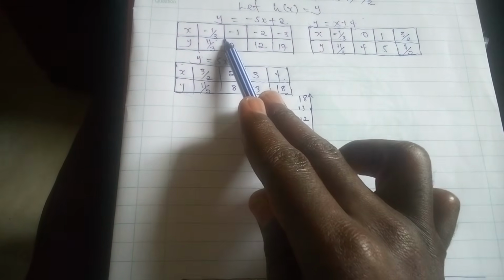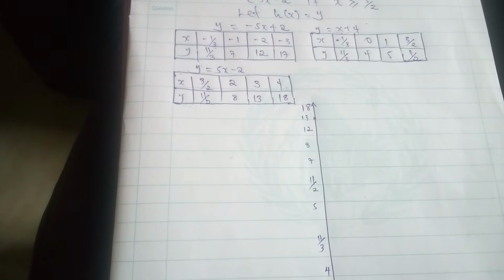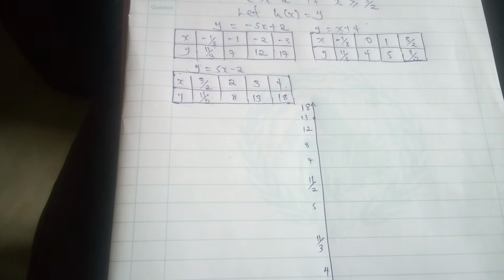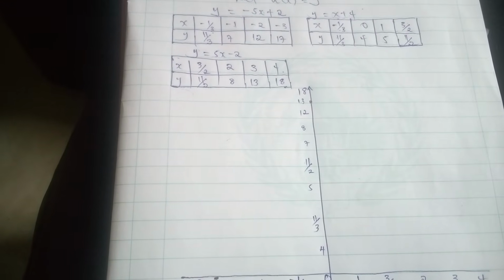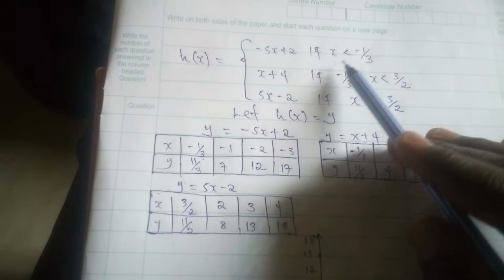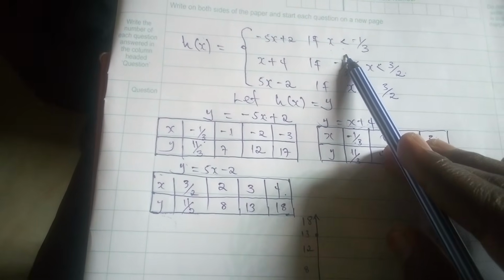So we are going to start plotting that one. So we are having negative 1 over 3 comma 11 over 3. One thing that you should bear in mind is that if you see clearly here, this sign means that this coordinate is not included.